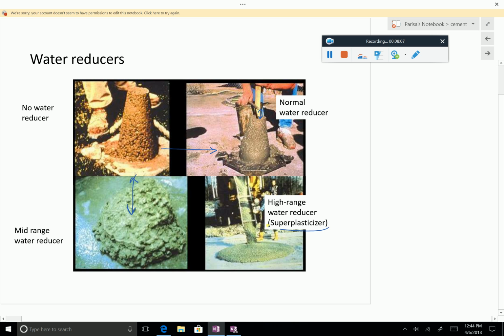And there is a class of water reducers which are called superplasticizers. So this is extreme high range water reducers, and this is when you need a really good flow, and you add that, and you get very high slump.